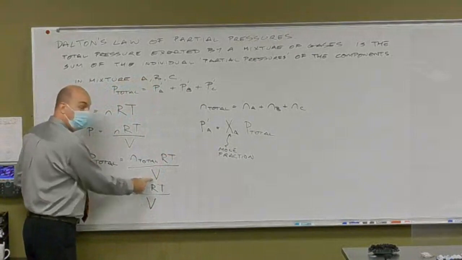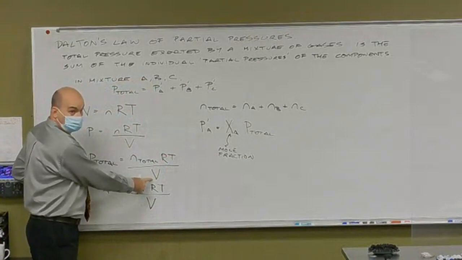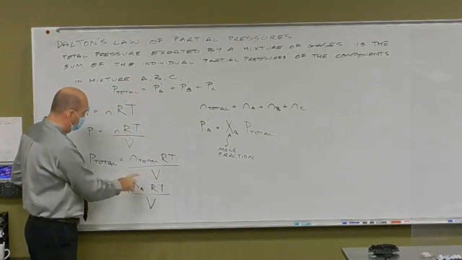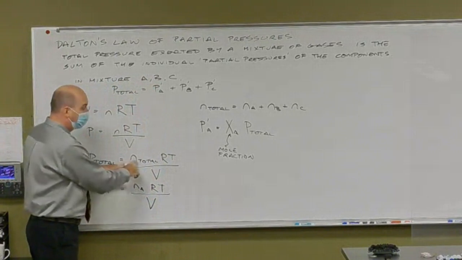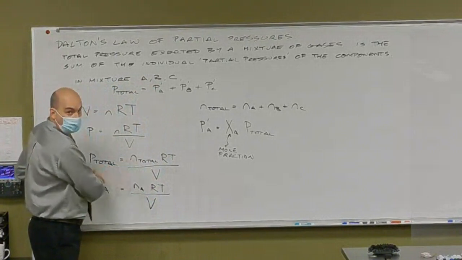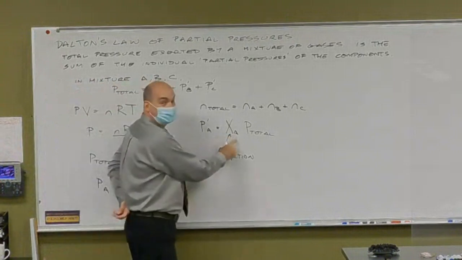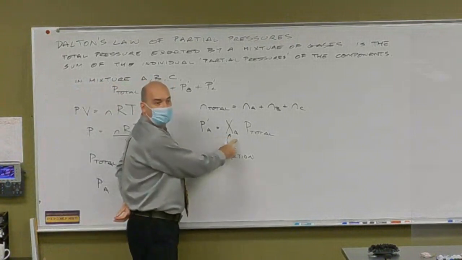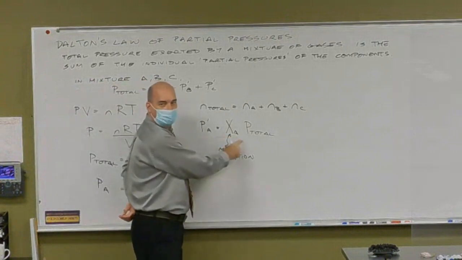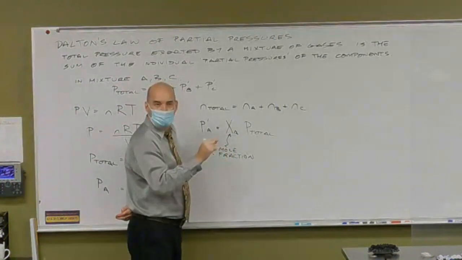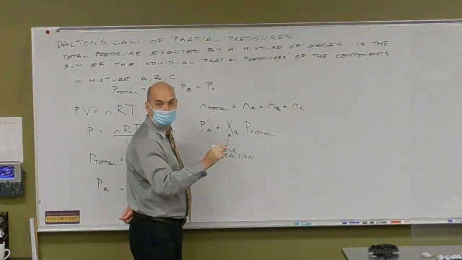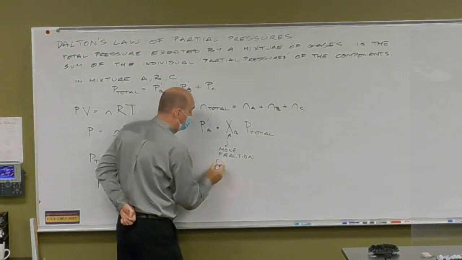Because R and T and V don't change in any of my calculations, pressure is directly proportional to the number of moles. This is a percentage, but instead of going from 0 to 100, it goes from 0 to 1.00. It's just like a percentage.